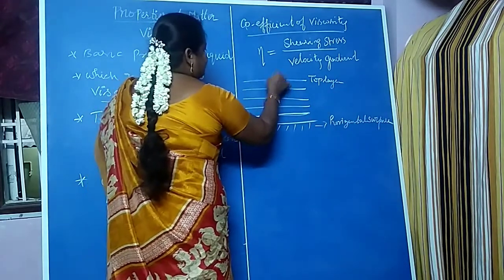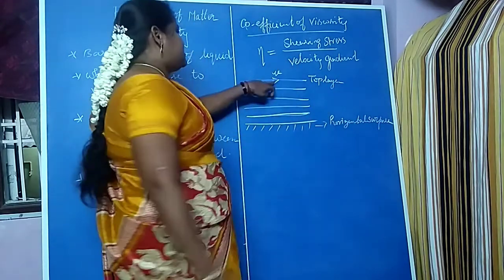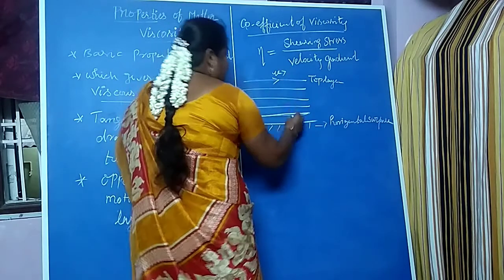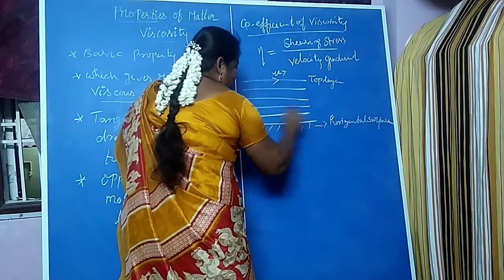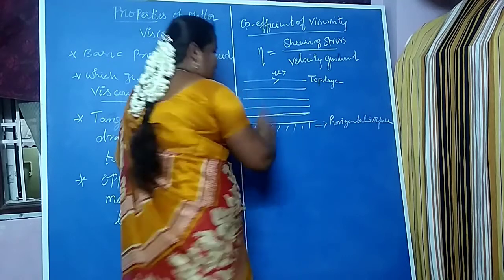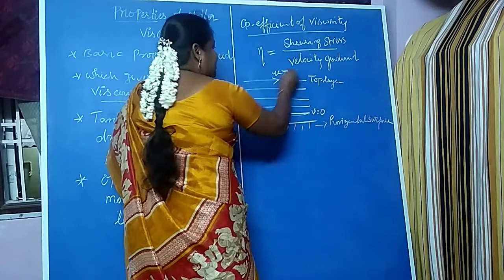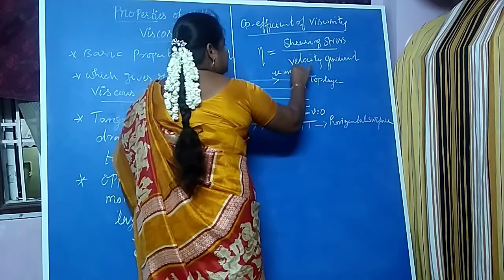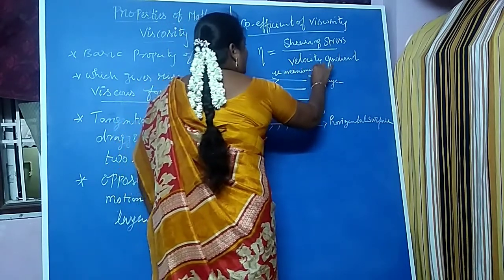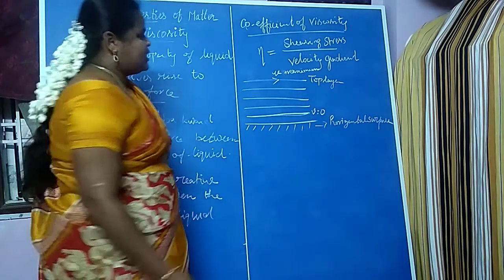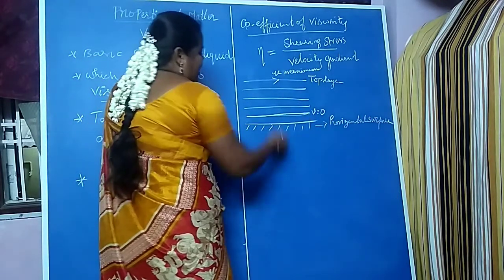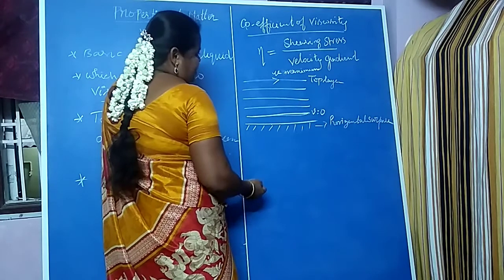The velocity of the top layer is greater than the velocity of the layer which is in contact with the horizontal surface. Here the velocity v equals 0, but the top layer has the maximum velocity. Why?